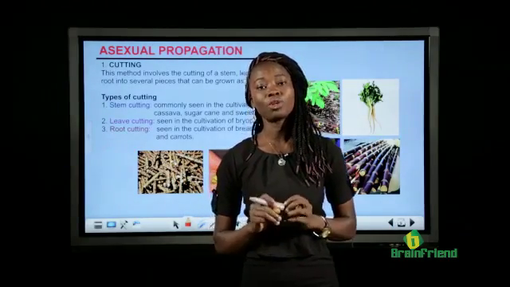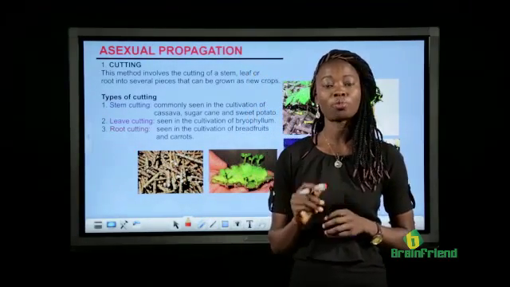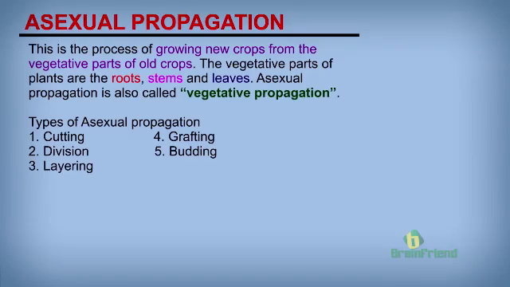At this point, we'll be looking at the second type of crop propagation, which is asexual propagation. This is the process of growing new crops from the vegetative parts of old crops. Now, you may wonder what the vegetative parts are. They are parts such as the roots, stems, and leaves of plants.